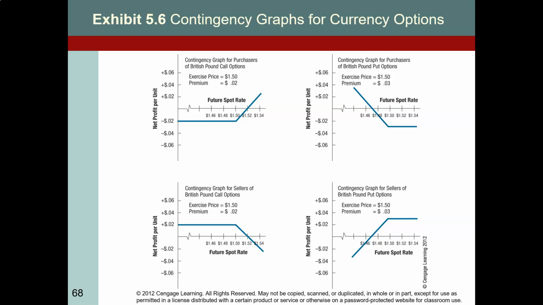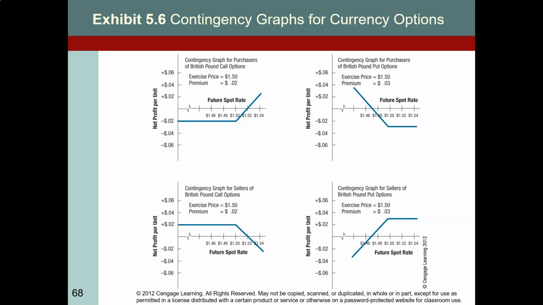However, if S, the spot rate, goes down below 1.5, you would exercise. You can still sell at 1.5, but you can purchase at a lower rate. So you can make profits, but if the spot rate is still above 1.47, your net profit is still going to be negative.